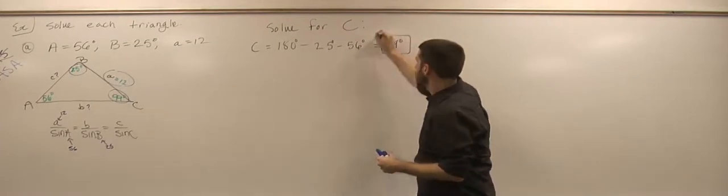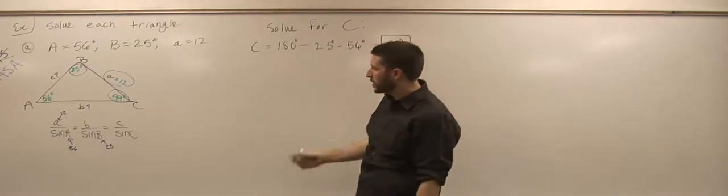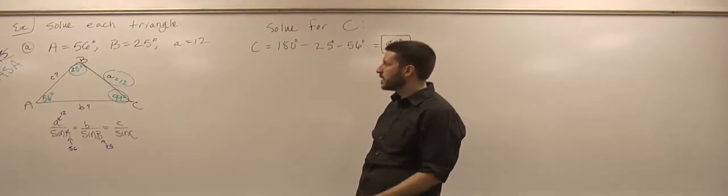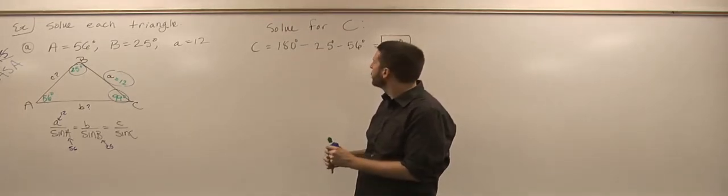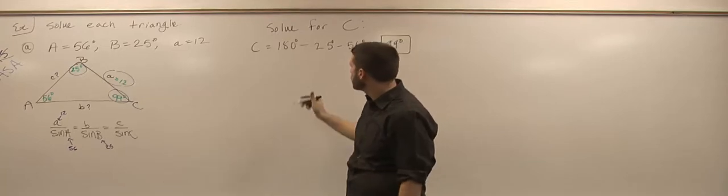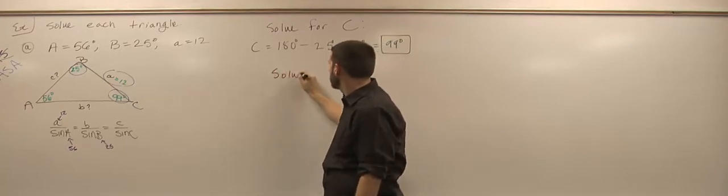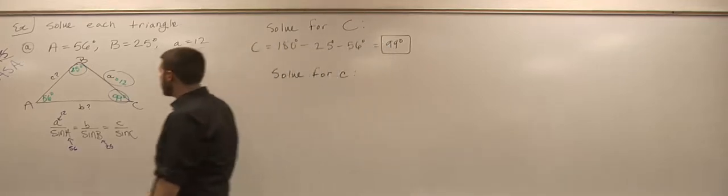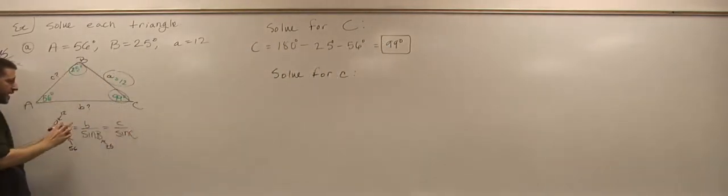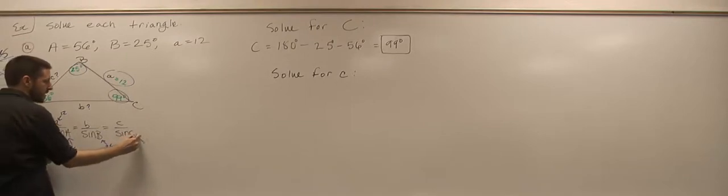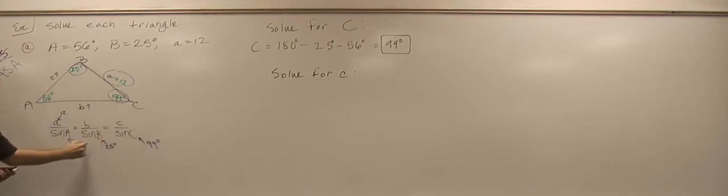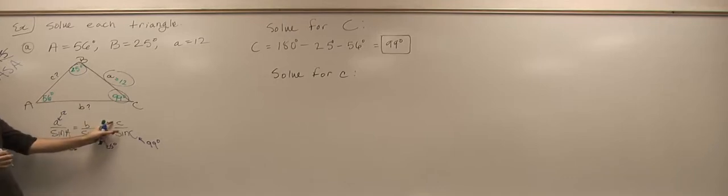How do you solve for, or what do you want to solve for next? Well, we don't know little b, we don't know little c. Which one do you want to find? Little c. Little c, good choice. If I'm going to solve for little c, now that I know big C, I can compare this ratio. Do you think I should use this equation?